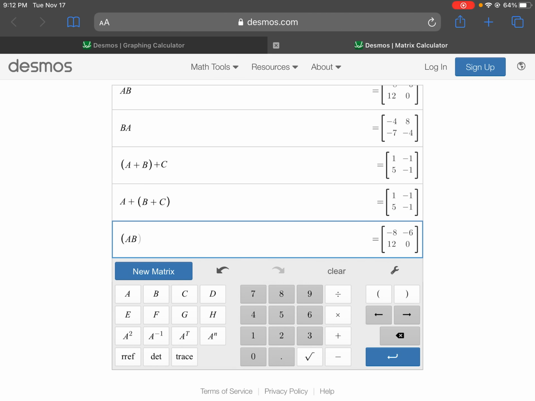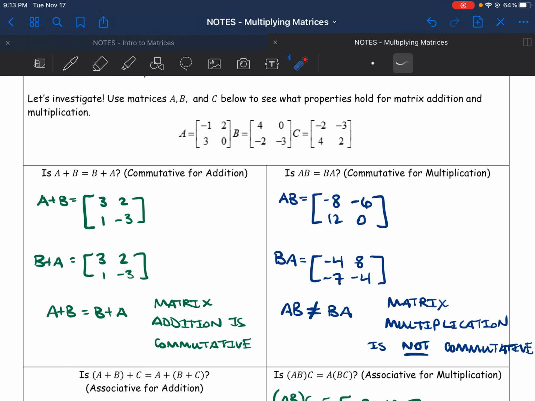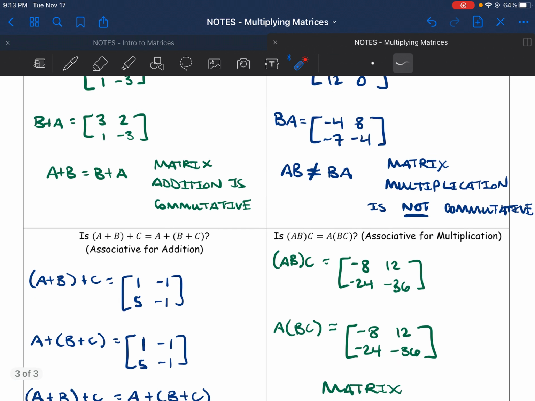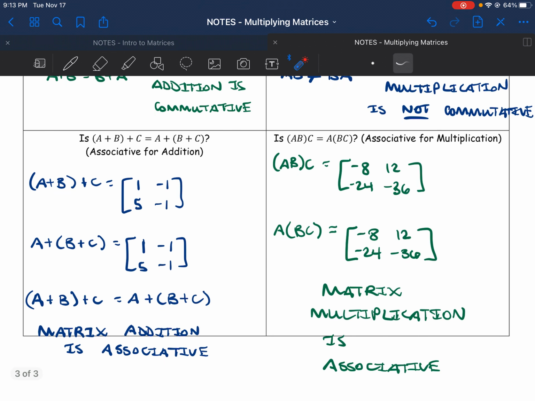So we'll do AB times C, then we'll try A times BC, and notice that we get the exact same matrices, negative 8, 12, negative 24, negative 36. Again, strongly suggesting that matrix multiplication is associative.